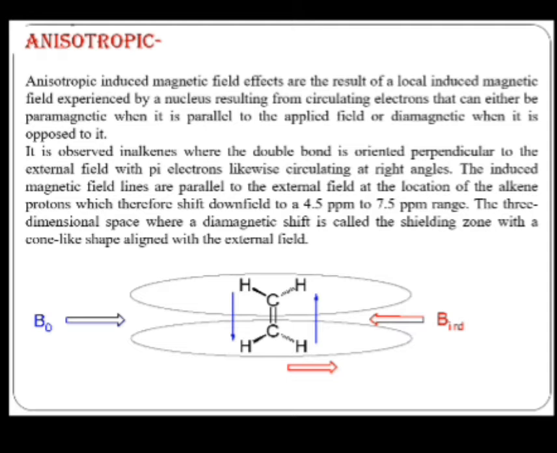The three-dimensional space where a diamagnetic shift occurs is called a shielding zone, with a cone-like shape aligned with the external field. So friends, the movement is shown for both hydrogens in a circular path, parallel to the external magnetic field, and therefore it shows the downfield shift, that is 4.5 ppm to 7.5.